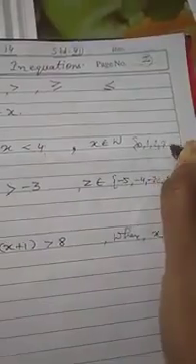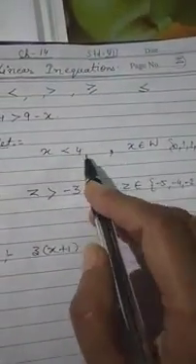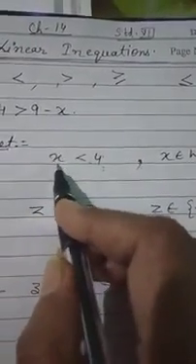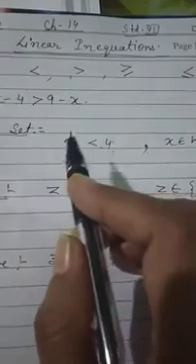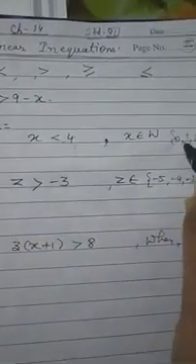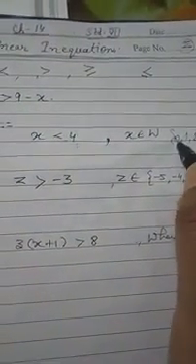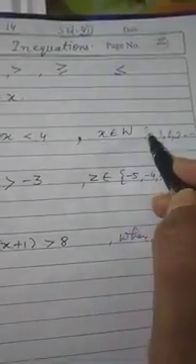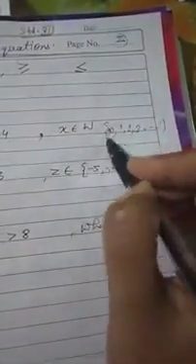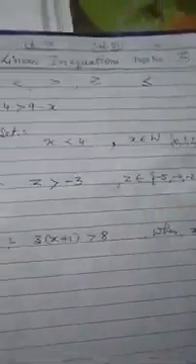So x is less than 4 means x values are those values which are less than 4. Less than 4 you will get only 0, 1, 2, 3. That will be the solution. But the replacement set is whole numbers only. This means all the values of x belong to whole numbers only. So its replacement set is this.